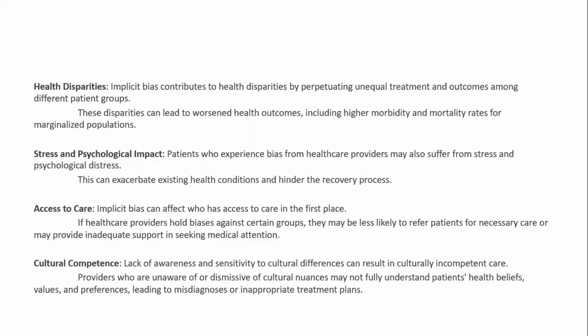Implicit bias contributes to health disparities, perpetuating unequal treatment and outcomes, worsening health outcomes, with higher morbidity and higher mortality rates for marginalized populations. I saw this when I was doing research for the readmissions book. There are a couple of studies that show safety net hospitals were being unfairly penalized for readmissions at a higher rate because of the lack of engagement and patient activation.